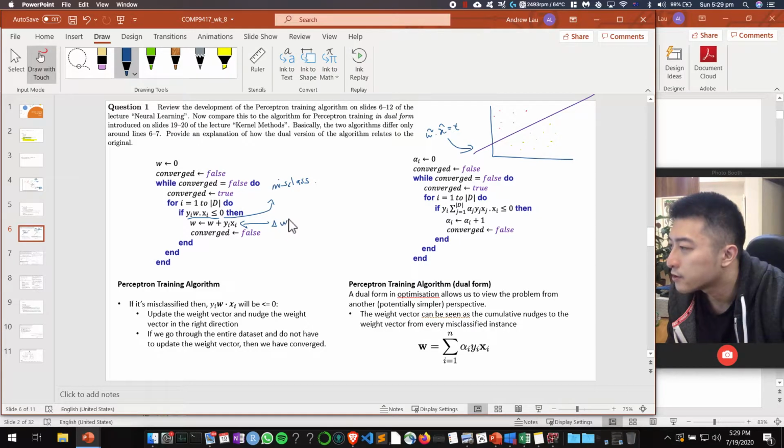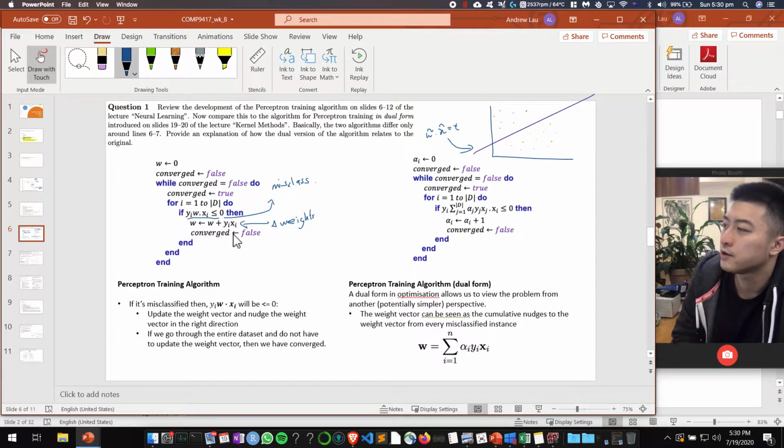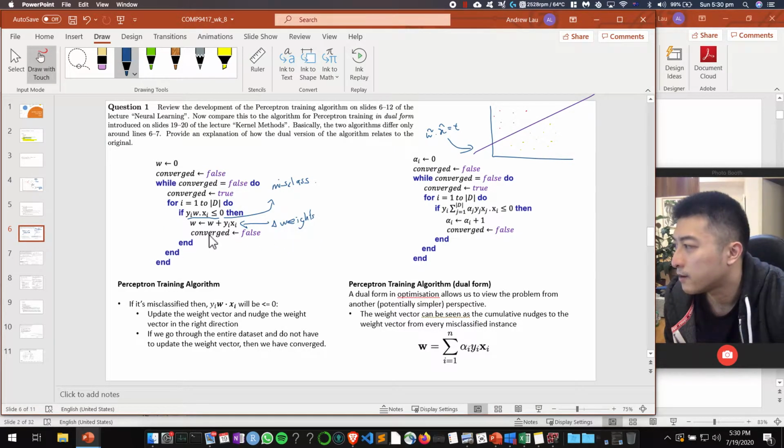You change the weights. So you cycle through your entire data set, and every time there's a misclassification, you change the weights, right? And you keep doing this until there are no more weight changes. Stop when no more weight changes.